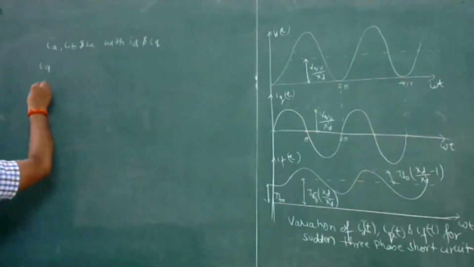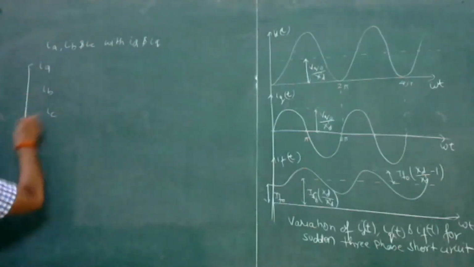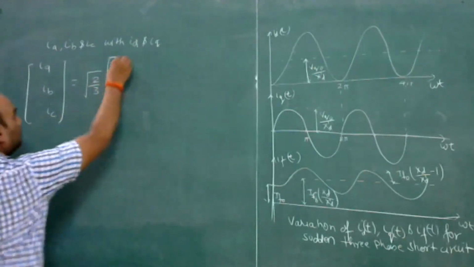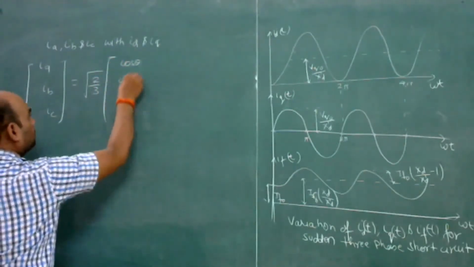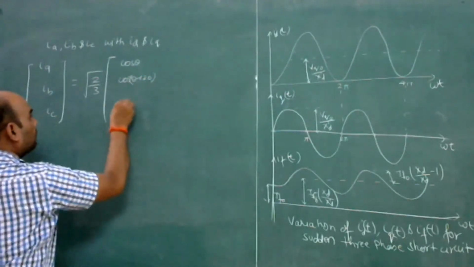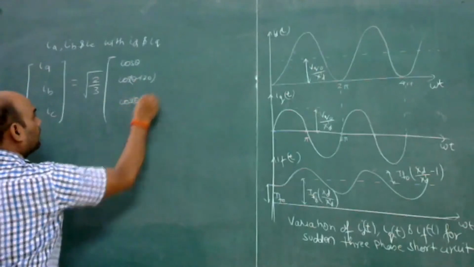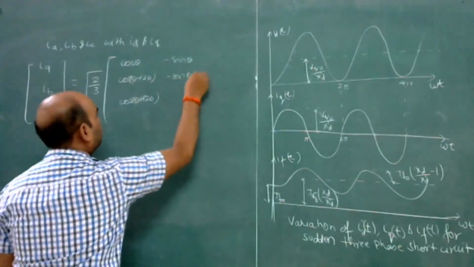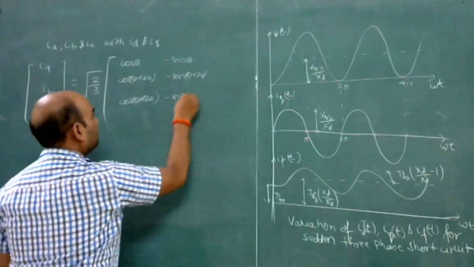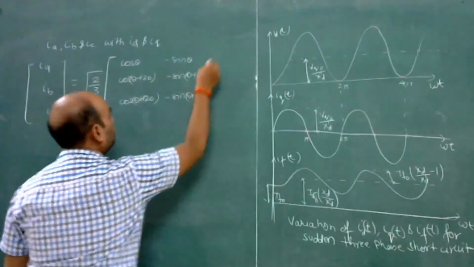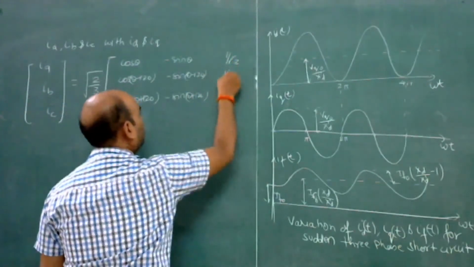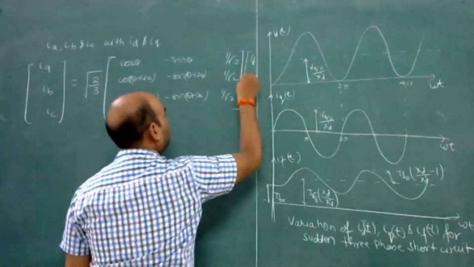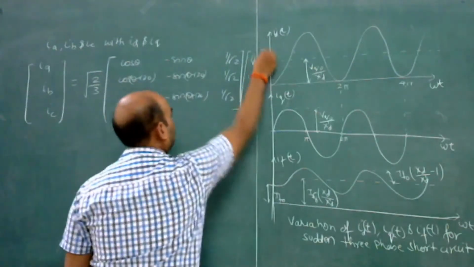So IA, IB, and IC is equal to root 2 by 3 times the matrix: cos theta, cos(theta minus 120 degrees), cos(theta plus 120 degrees); minus sin theta, minus sin(theta minus 120 degrees), minus sin(theta plus 120 degrees); and 1 upon root 2 in each entry, multiplied by ID, IQ and I0.